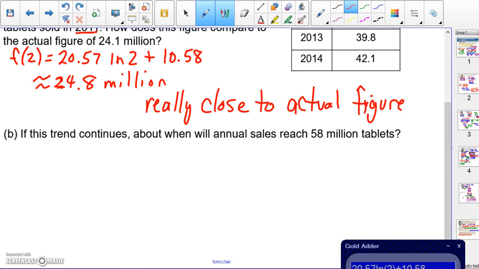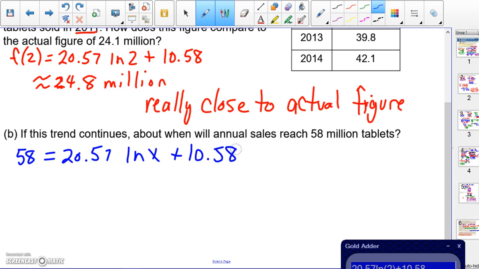B, if this trend continues, when will annual sales reach 58 million tablets? So that's going to be on the left side of the function. 58 equals 20.57 times the natural log of x plus 10.58. So subtract the 10.58.